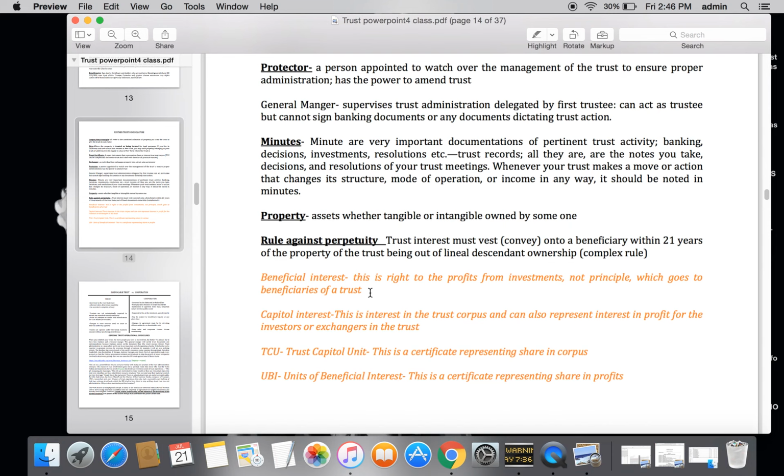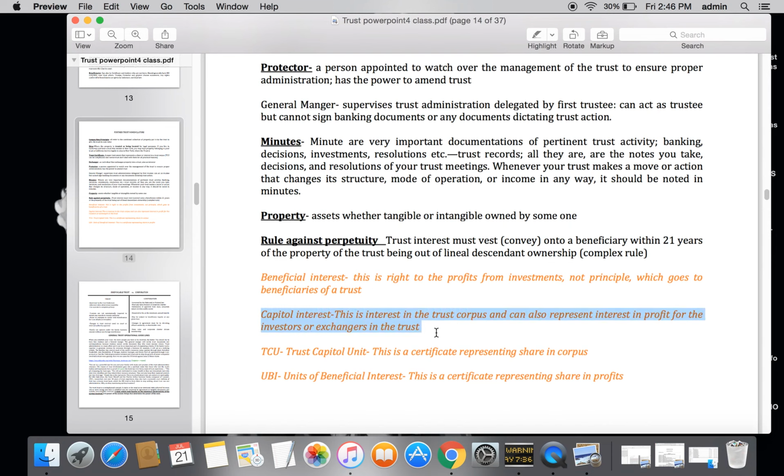The $250,000 that initially funded that trust is principal. That is not interest. The $50,000 that the $250,000 made or accumulated, that is interest, and that is the interest that can be distributed to your beneficiaries. That is called beneficial interest.